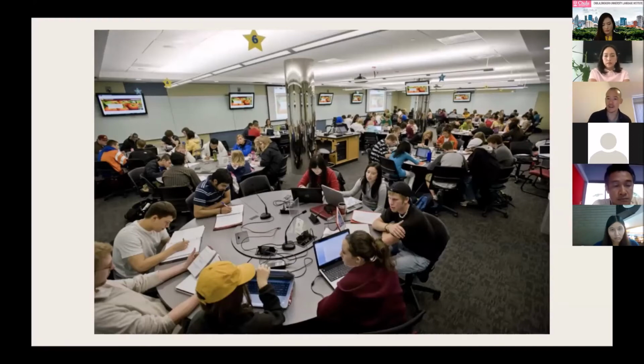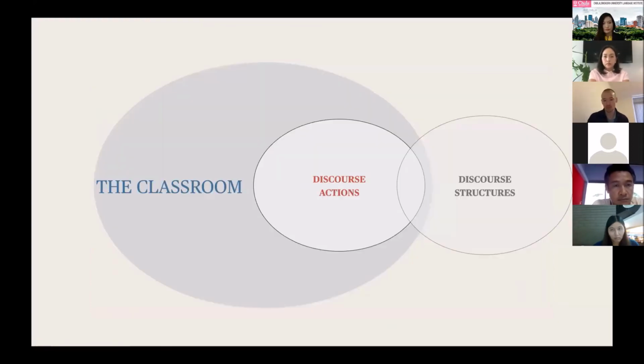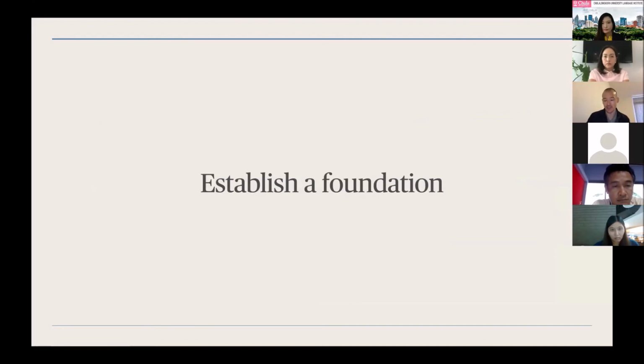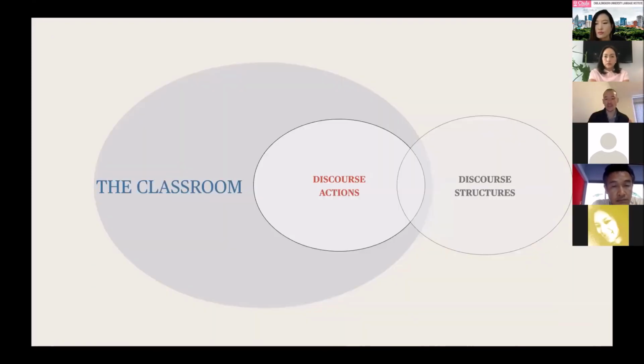And so what I mean by taking a broad view, establishing a foundation, is when we look at a classroom like this, we need to think about not only what we see as a teacher and what we hear as a teacher and what we do as a teacher, what I call discourse actions, right? The things that we see, the things that we hear, the things that we do in the classroom, the things that we immediately see.